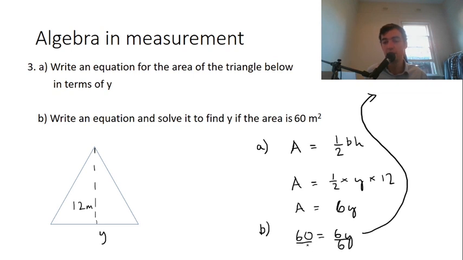So we can find out what y is. Okay, so these two will cancel out, and I hope you don't mind if I write y straight away on the left-hand side. 60 divided by 6 is 10. So y is 10 meters.